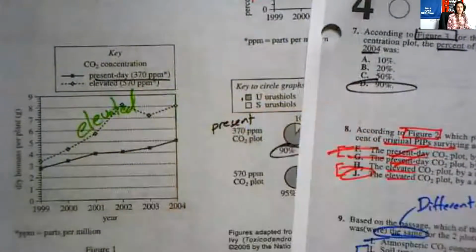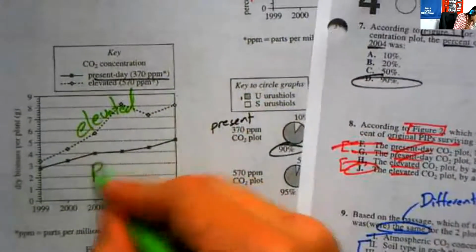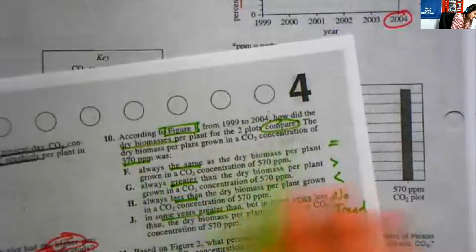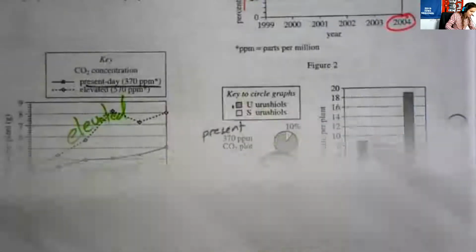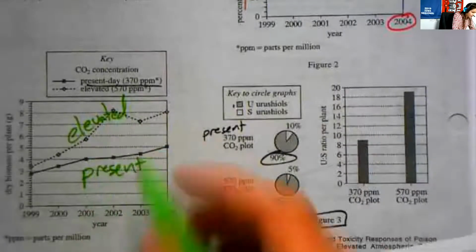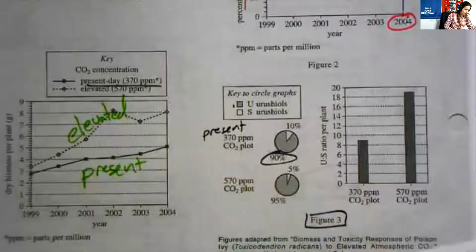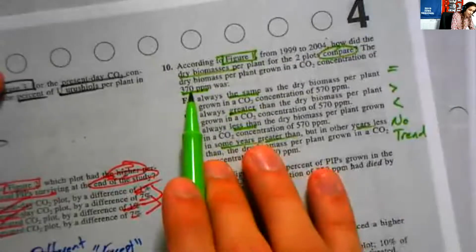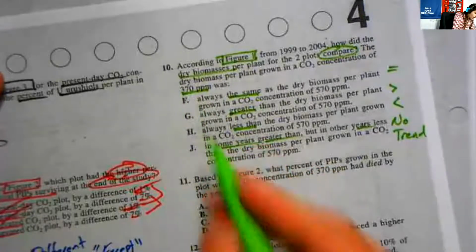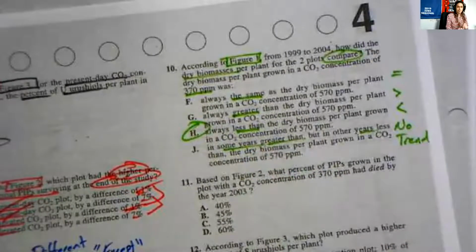Elevated was always on top. Present was always below. Let's take a look back at how the question words it. 370 is at present. So at present, it was always lower. 370, always less than.